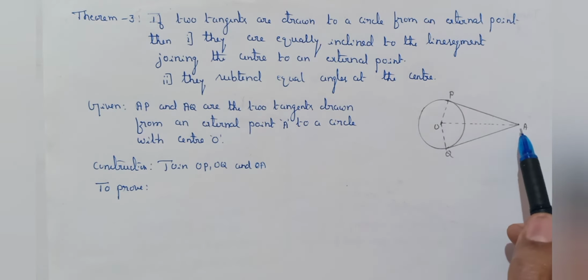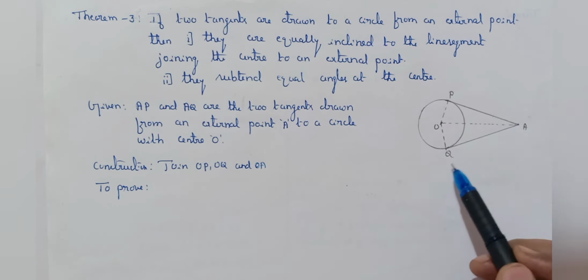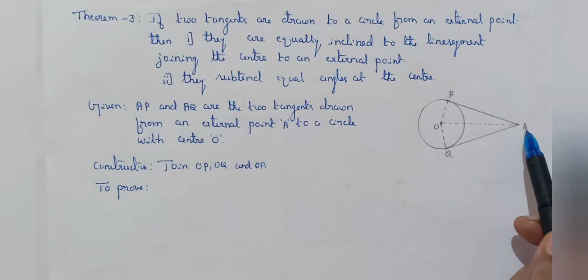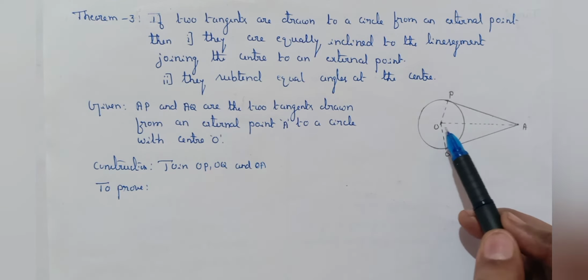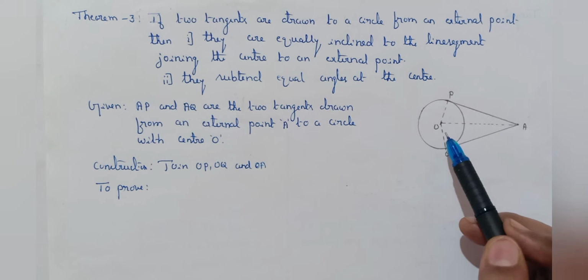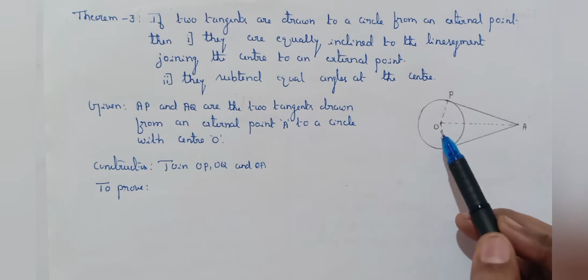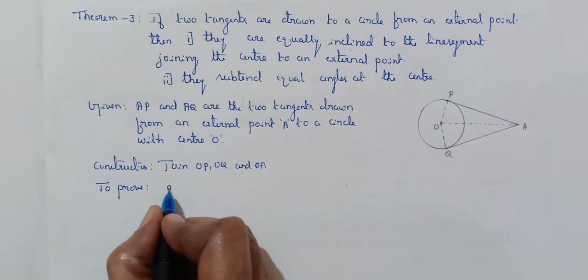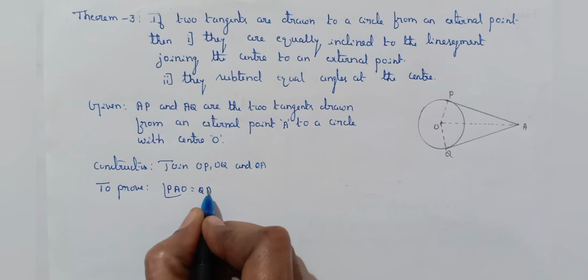Here, OA is the line joining the center to the external point A. Here, the tangents AP and AQ are equally inclined with the line segment OA. It means we have to prove angle PAO is equal to angle QAO.